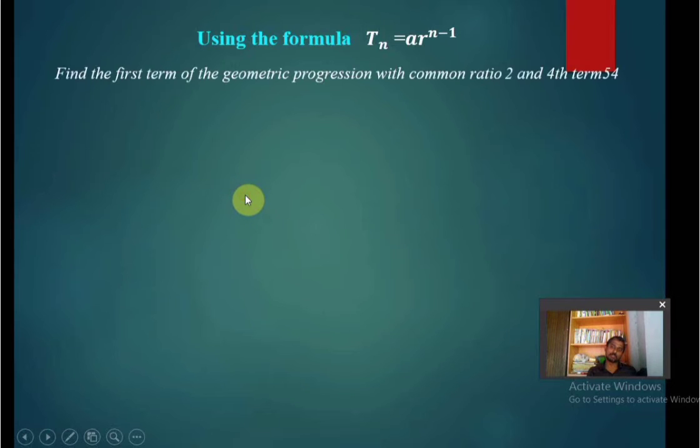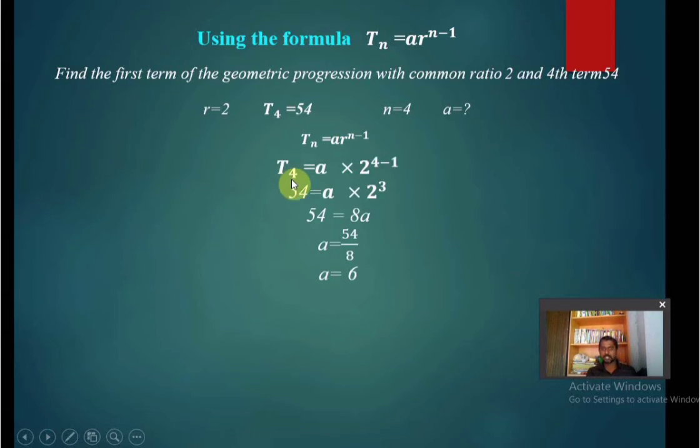If they give a sum: the common ratio of the geometric progression is 2, the fourth term is 54. Then we need to find the value of a, the first term. Right? So r equal to 2, fourth term is 54, n equal to 4. We know the formula to find the nth term is Tn equal to ar^(n-1).